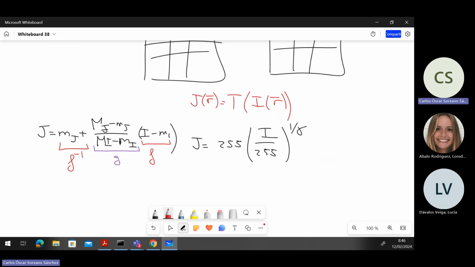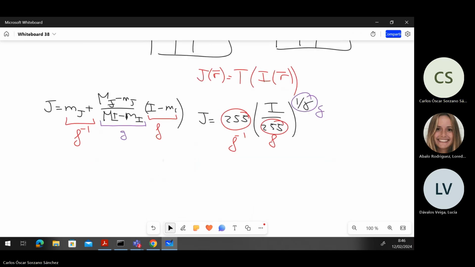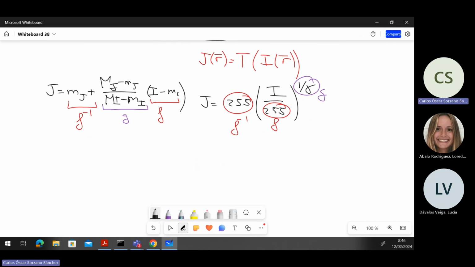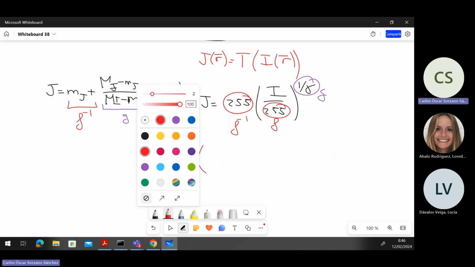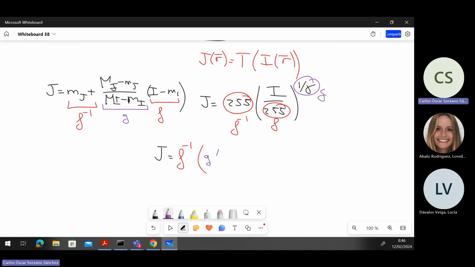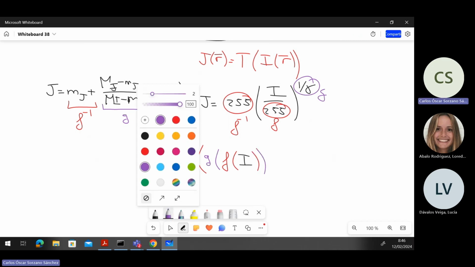And this has the same structure. So this is F, and this is F minus 1, and this one is A. So there are many transformations that have this form. So J is F minus 1 applied to A, then this is applied to F, then this is applied to I. Have to close parentheses.